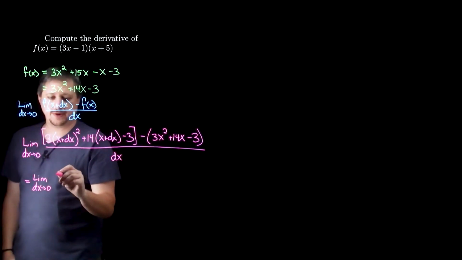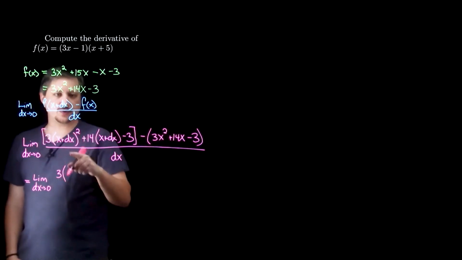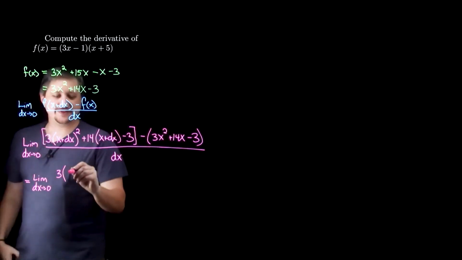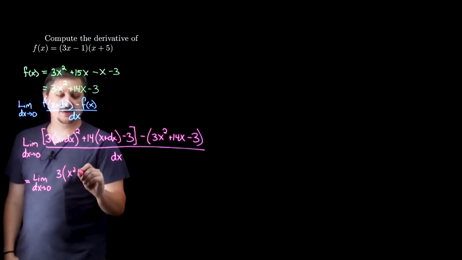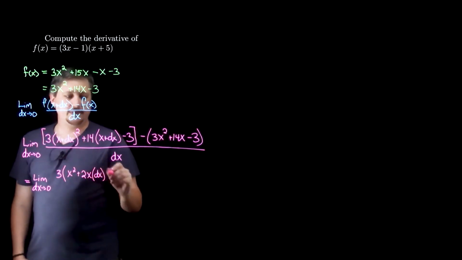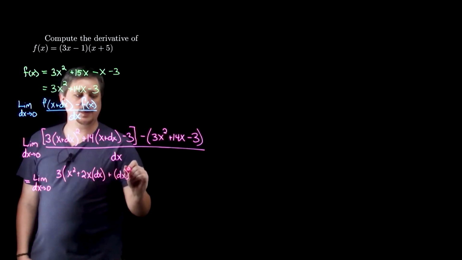I'm not going to distribute the 3 yet because I don't want to do everything all at once. This is a sum squared, so that's going to be x squared plus 2 times x times dx plus dx squared.